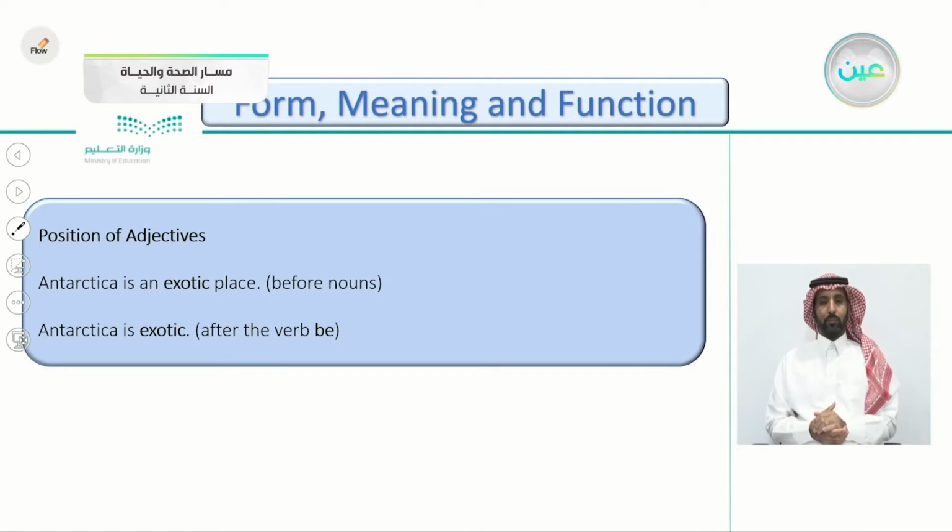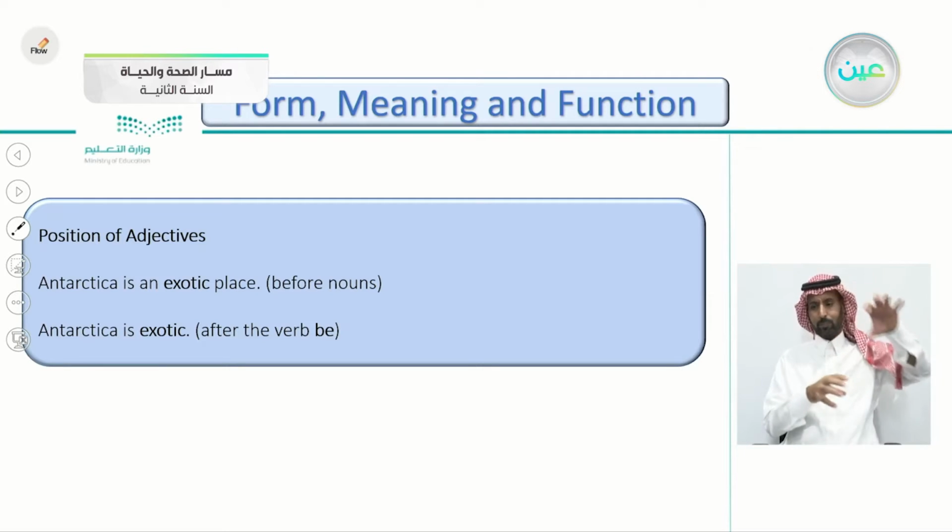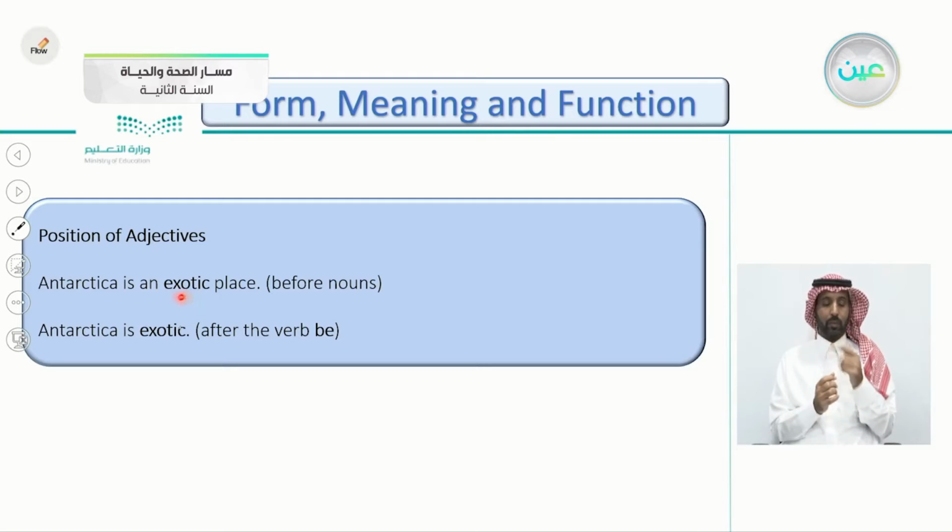Next, the position of adjectives. Is it before or after a word? Let's see together. Antarctica is an exotic place. The adjective here is before the noun. You can notice the adjective exotic before place. Another example: Antarctica is exotic.